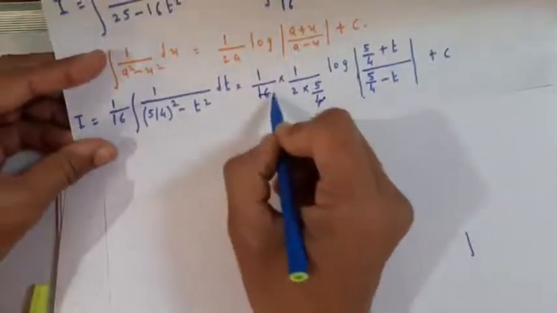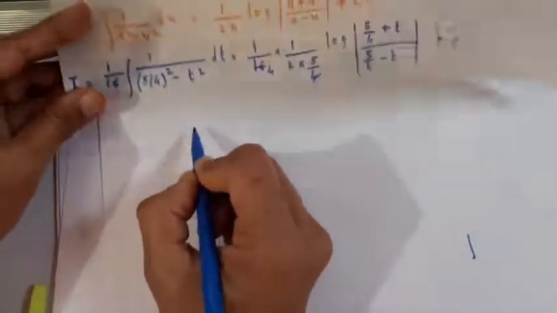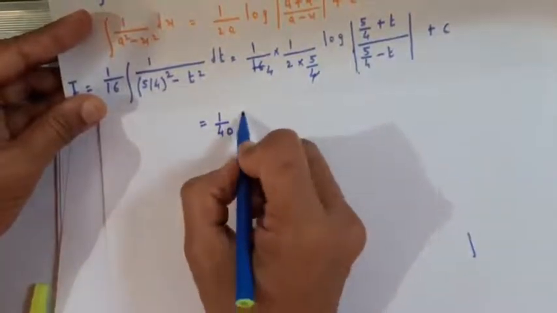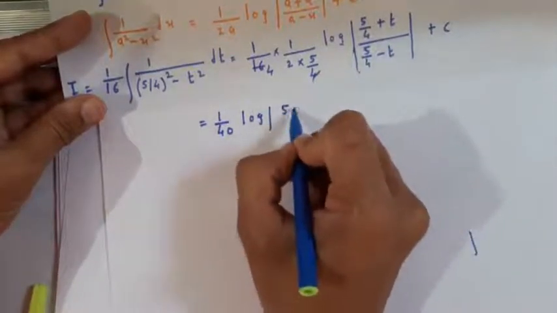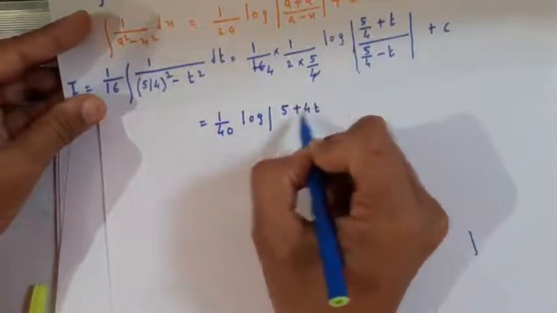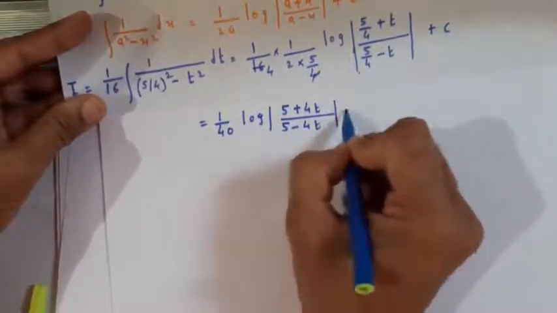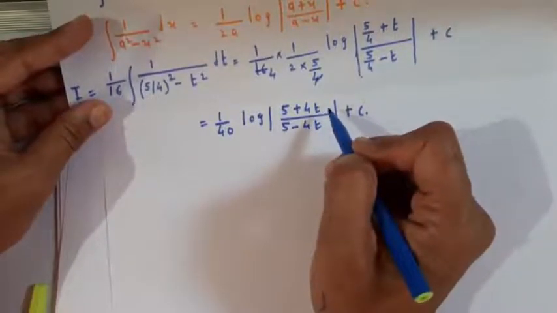Okay students, now this is equal to 4 into 16, 4 into 2 is 8, and this is equal to 1 by 40, the simplified term, 1 by 40 log of (5 plus 4t) upon (5 minus 4t) plus constant of integration c. Resubstitute the value of t. What is t?